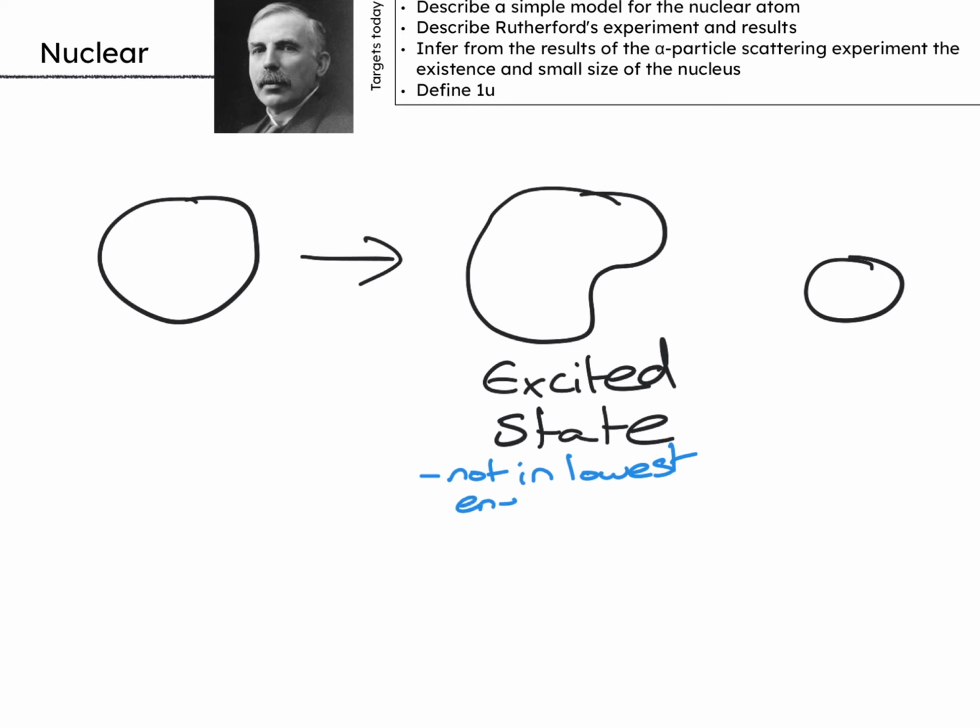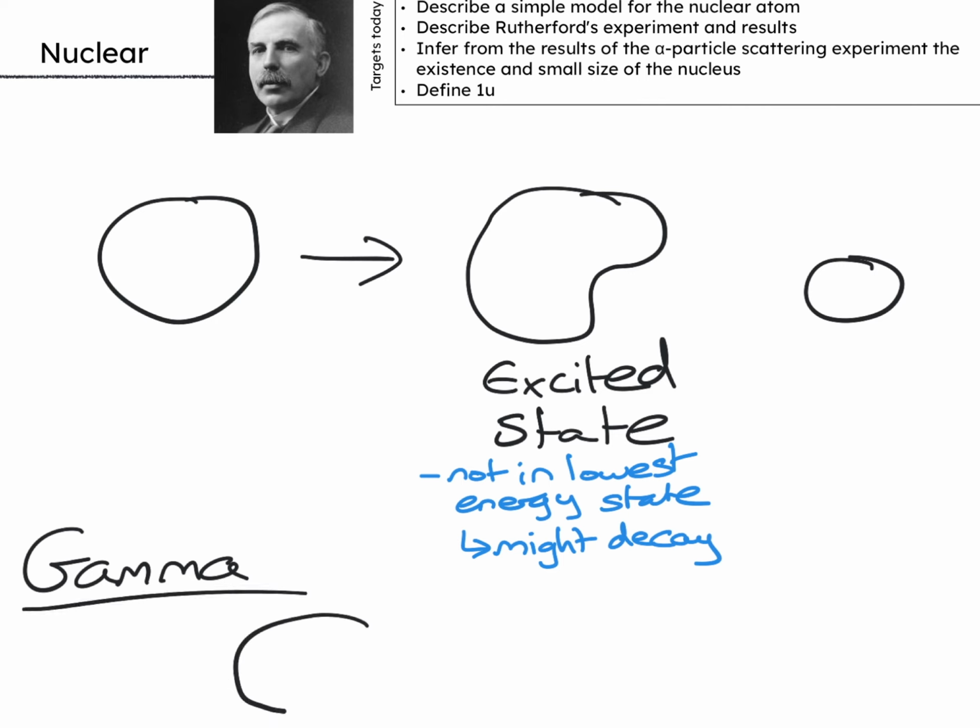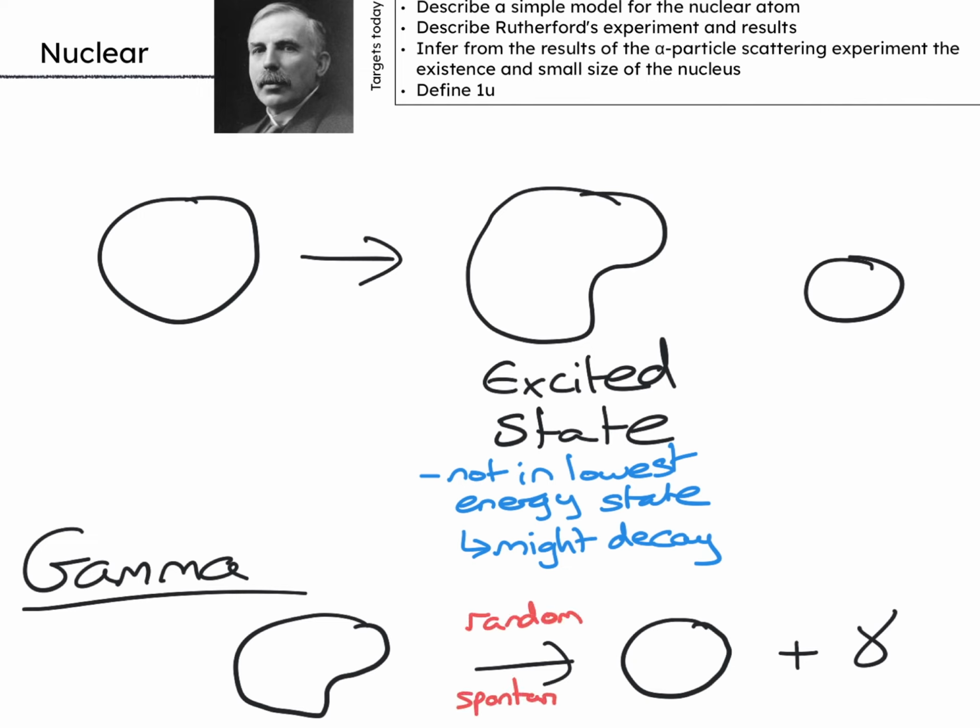So, it might decay again, this time releasing energy as a photon of electromagnetic radiation, which is gamma radiation. Like all radioactive nuclear decay, this process is random and spontaneous. Note how the equation is properly balanced, with a small asterisk used to denote the excited state.